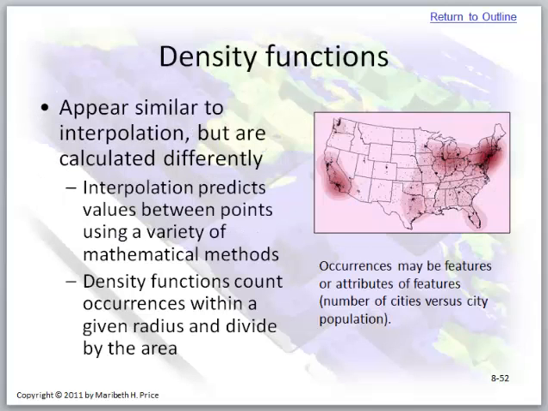Here we have some density functions. They appear similar to interpolation, but they are calculated differently. Interpolation predicts values between points using a variety of mathematical functions. Density functions count occurrences within a given radius and divide by the area. So it's quite a different thing between density and interpolation.